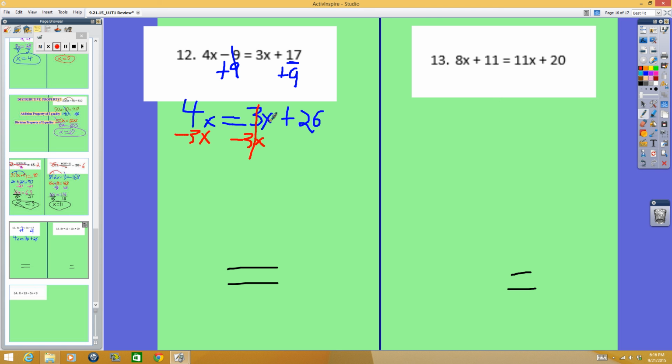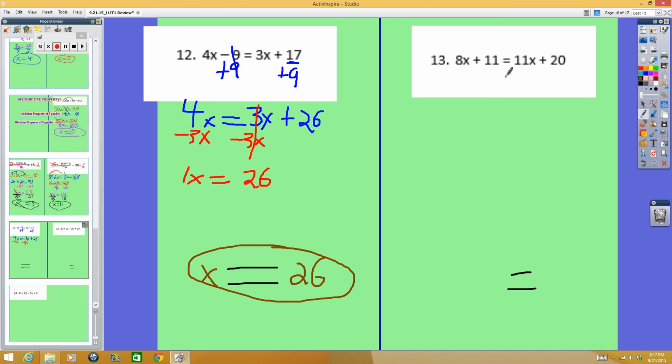Because that's going to be 0. 3 minus 3 is 0, so 3x minus 3x is also 0. It's just gone. You took it away. Over here, I've got 4x minus 3x, and that gives me 1x. All I've got is 26. So my answer is x equals 26. Why is my equal sign so big? I don't know. Stop judging me.